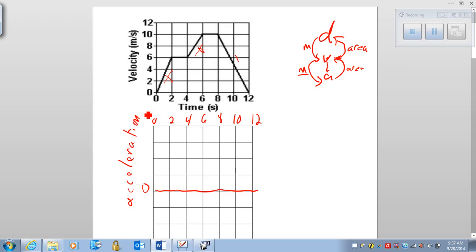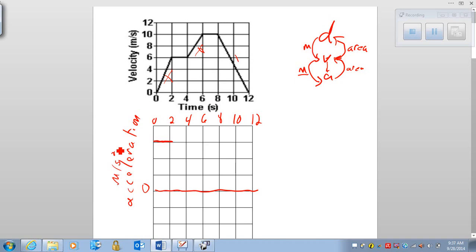The first slope goes from 0 to 2 seconds, and it is the rise over run, which is 6 divided by 2, which means that our slope is 3. So going 1, 2, 3 up here, I should have a straight line that represents an acceleration of 3 meters per second squared over 2 seconds.